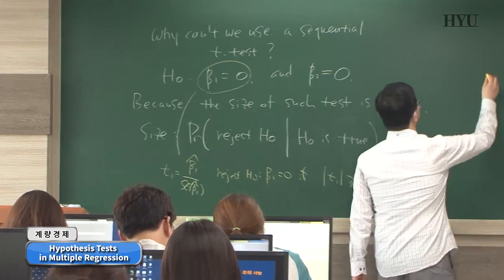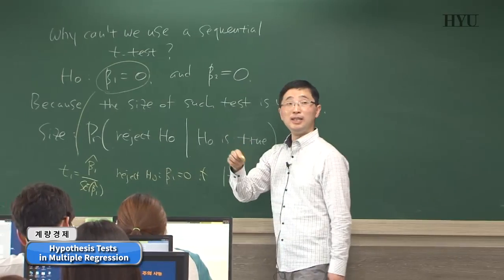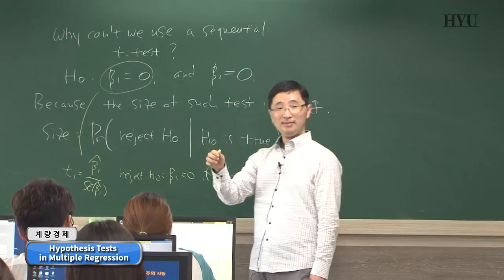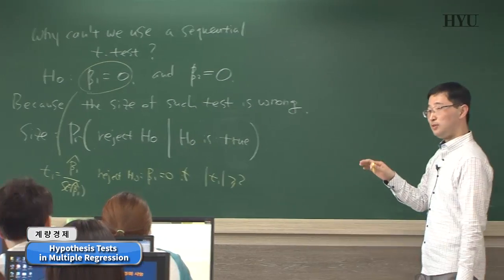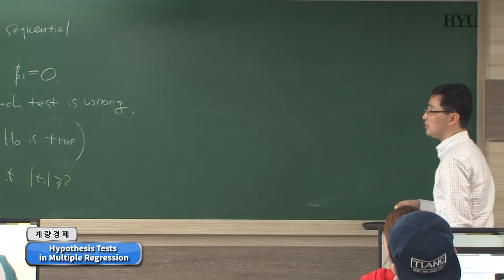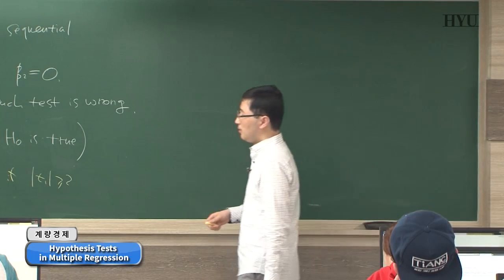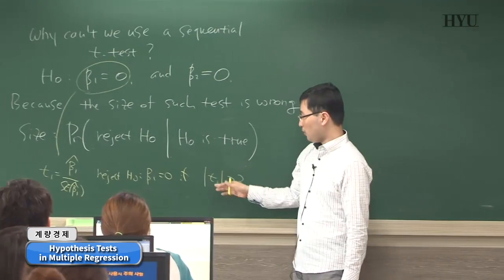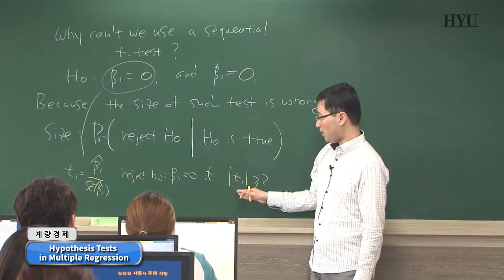So suppose that the size we would like to achieve, our target size, is 5%, which is usually the case. That's what we do when alpha is 5%, right?